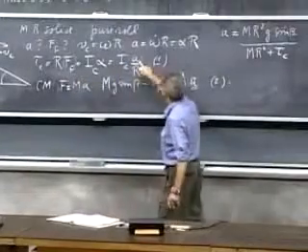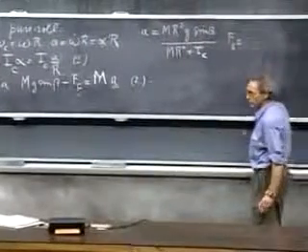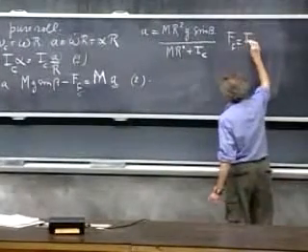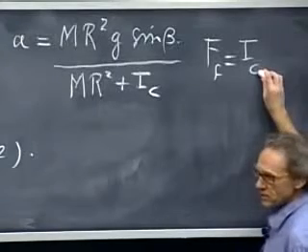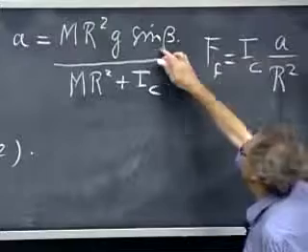I will leave A as it is because it becomes too complicated otherwise. And so the frictional force becomes the moment of inertia about C times A divided by R squared. So this A has to be substituted in here.